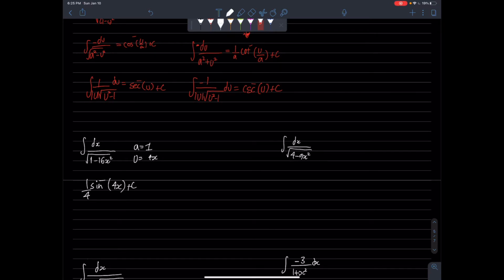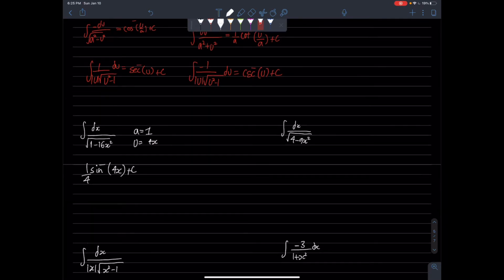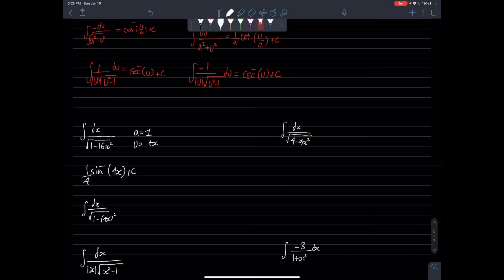Now what's the reason for that? Right, so let's rewrite that integral. Now it's just dx over root 1 minus 4x squared. Right, that's what it was. So now we need to convert it. We need to do u-substitution, no? So let's just say u is equal to 4x, du is equal to 4 dx. Dx is equal to du over 4.